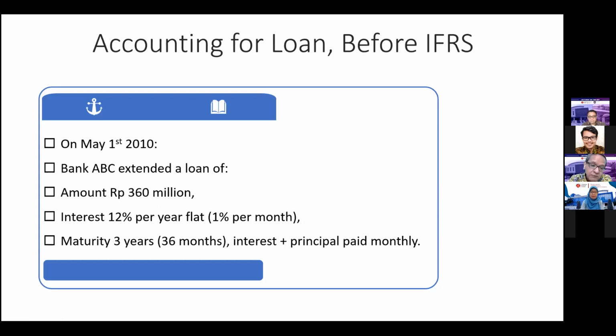But before IFRS, the interest revenue recognized was 1% multiplied by 360, although the principal actually went down every month.